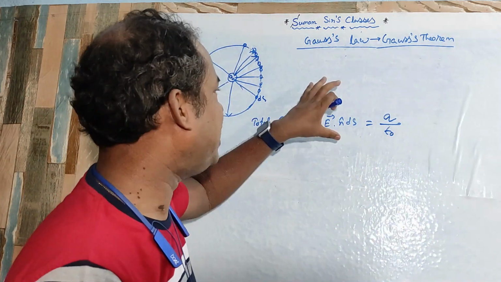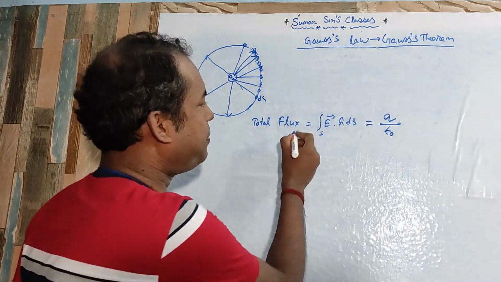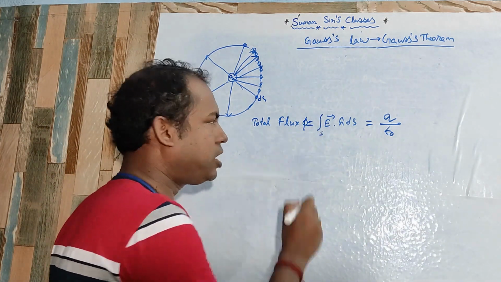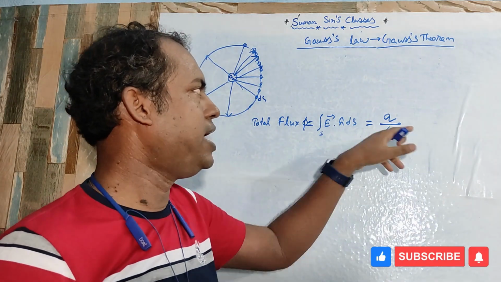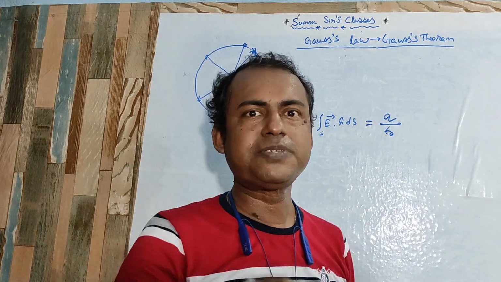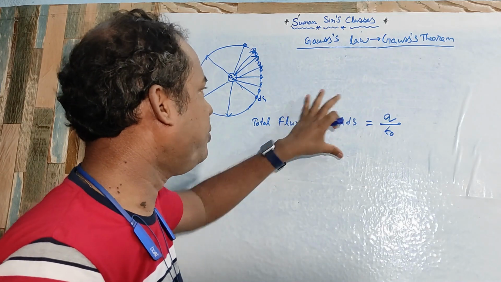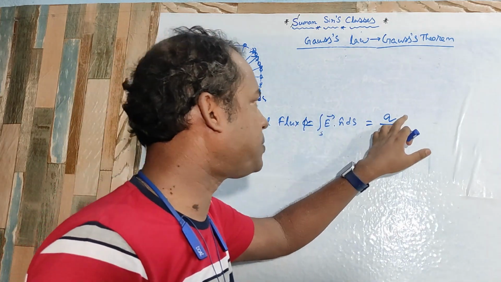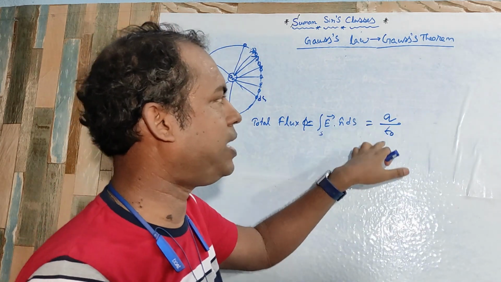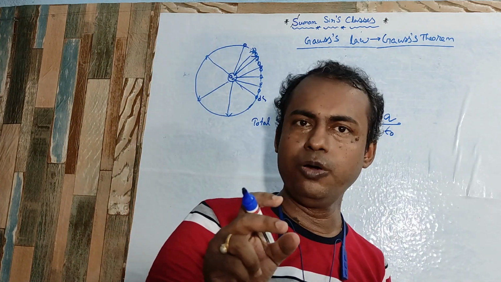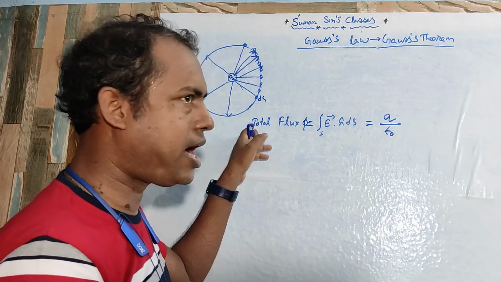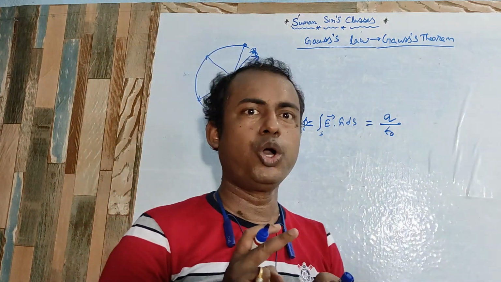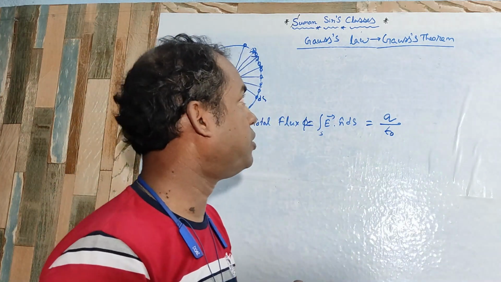Flux is denoted with phi. So phi equals the surface integral of E dot n cap ds, equals Q by epsilon naught. If I know the value of Q and epsilon naught, we can easily calculate the value of flux. So this is the Gaussian surface or Gauss theorem.